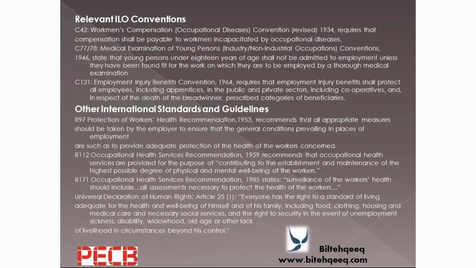And the next one is C121, the Employment Injury Benefits Convention. It requires that employment injury benefit shall include apprentices in the public and private sector, including cooperatives, in respect of the breadwinner and prescribed categories of beneficiaries.